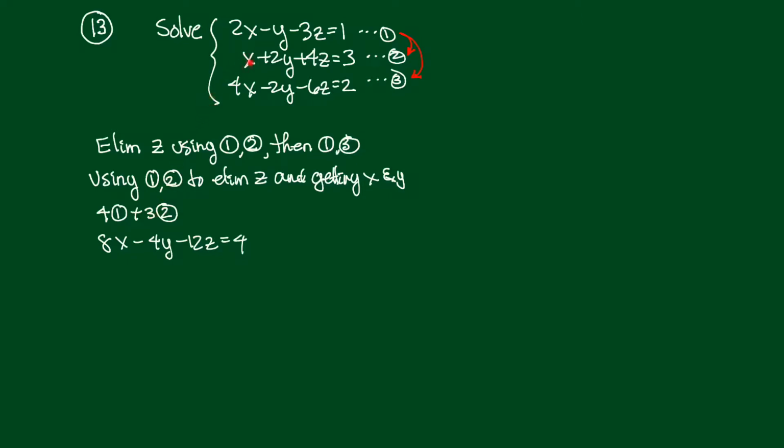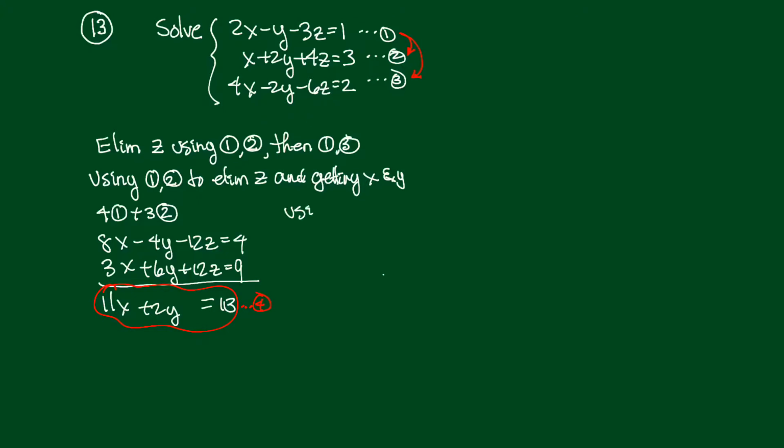So run a 3 through each one of those 4 terms, and I think we will be getting 3x plus 6y plus 12z equals 9, and add those 2 equations together. How about 11x plus 2y, and the z's are gone, which was the plan, equals 13. Okay, let me circle this one. So there's an equation that we got here, and I'm going to name that equation 4.